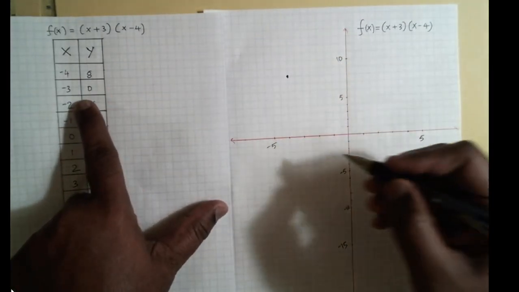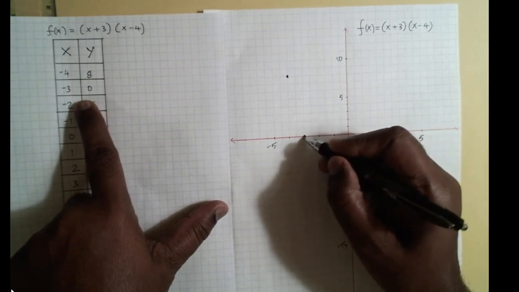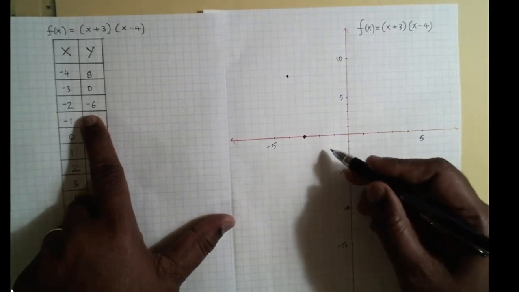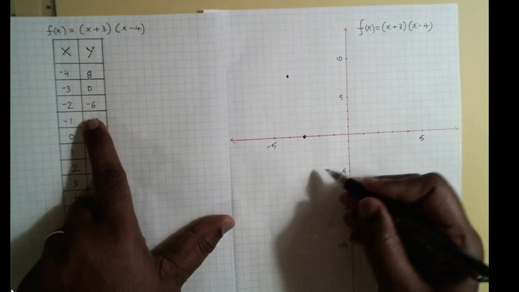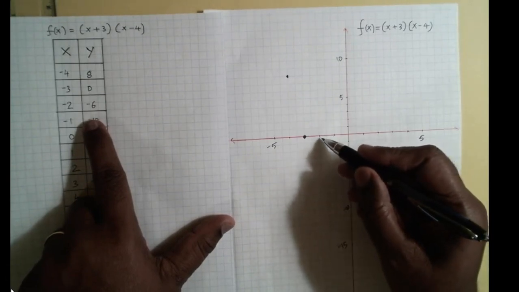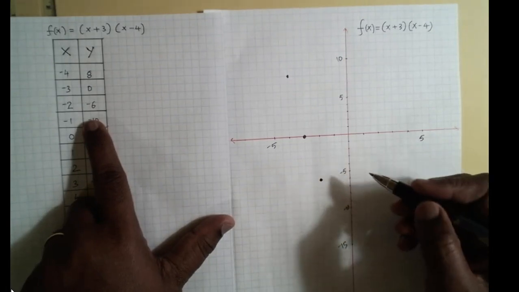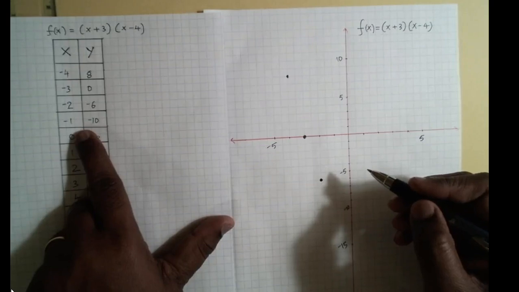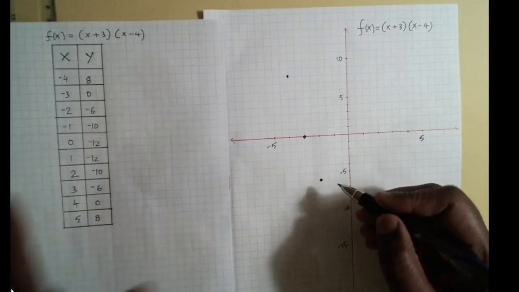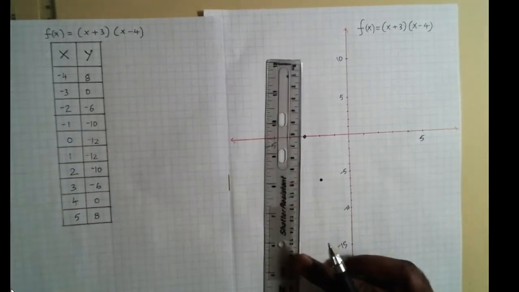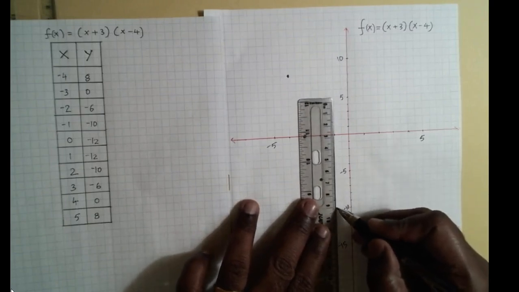Then -3 goes to 0. -2 will take -6. Then afterwards -1 will take -10. I can also use my ruler if I have to, -1 and -10.